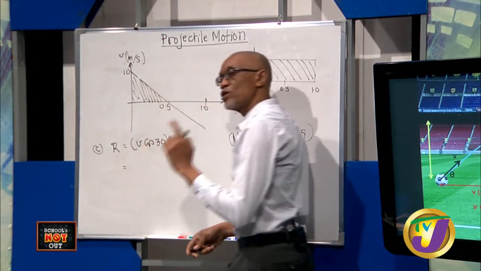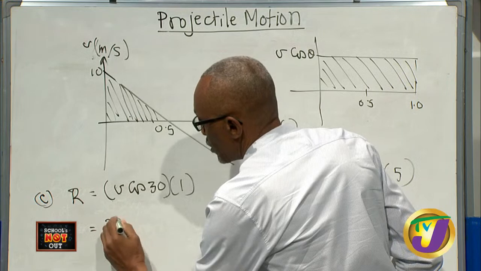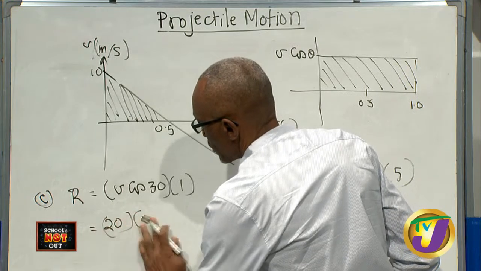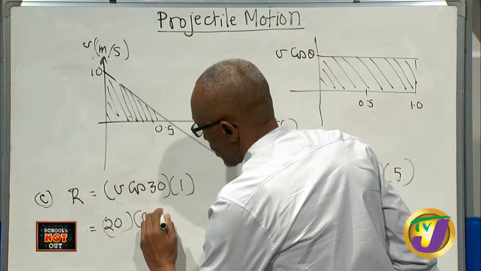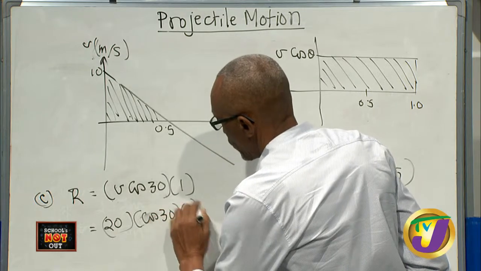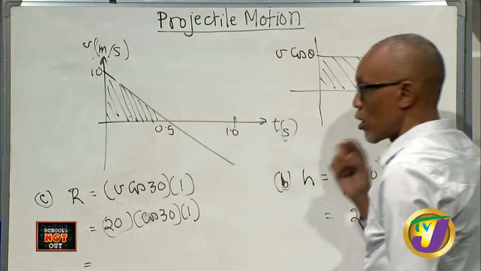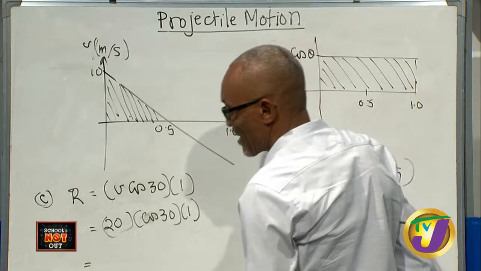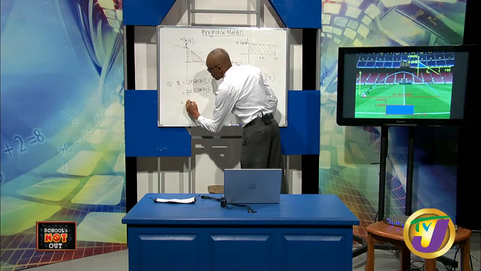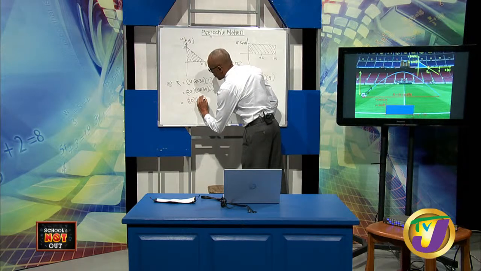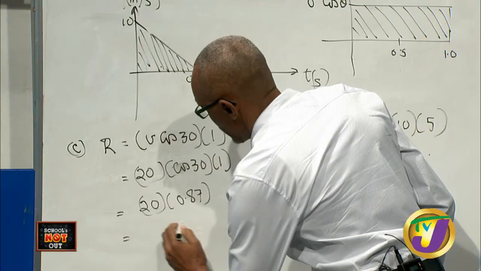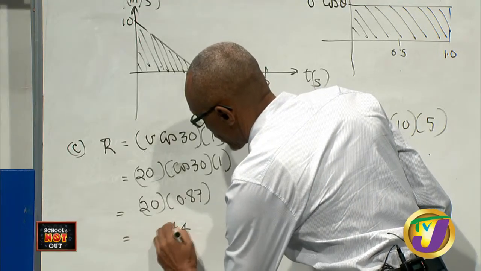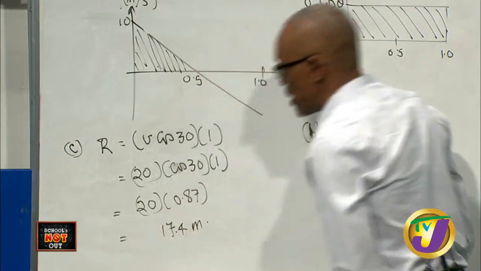And V was 20 meters per second. So that would be 20 cos 30 times 1. And cos 30 is 0.87, about there. That would be 20 times 0.87, which is 17.4 meters.